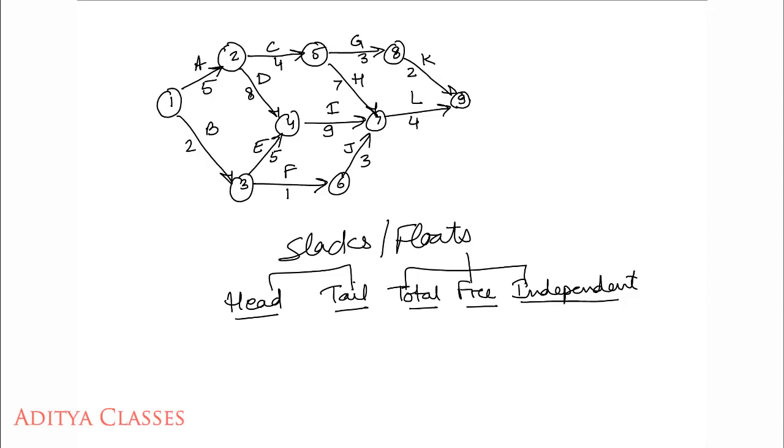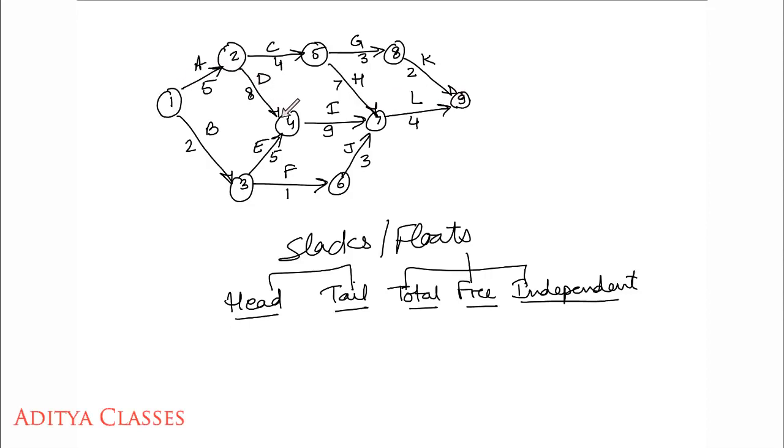Let us find out what are the various paths to go from 1 to 9. I wish to travel from 1 to 9. What are the various paths? Let us have a look. 1, 2, 5, 8, 9. So we have a path ACGK. Then there is another one, ACHL.